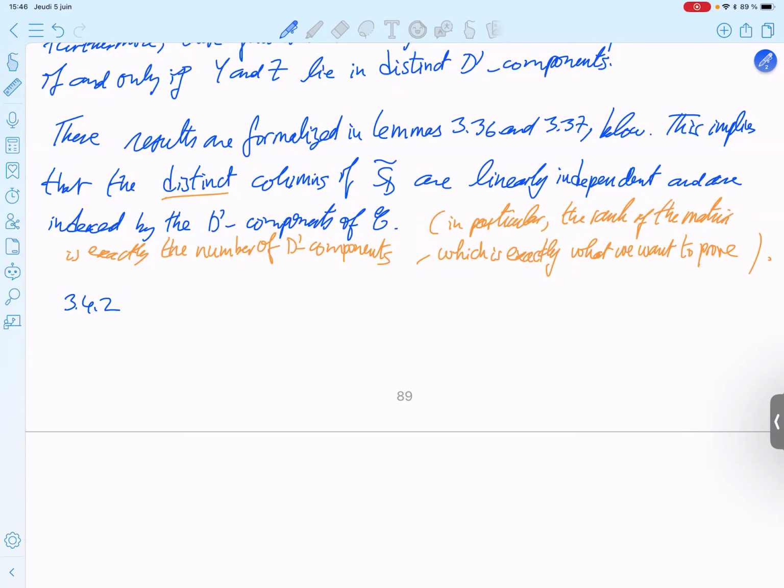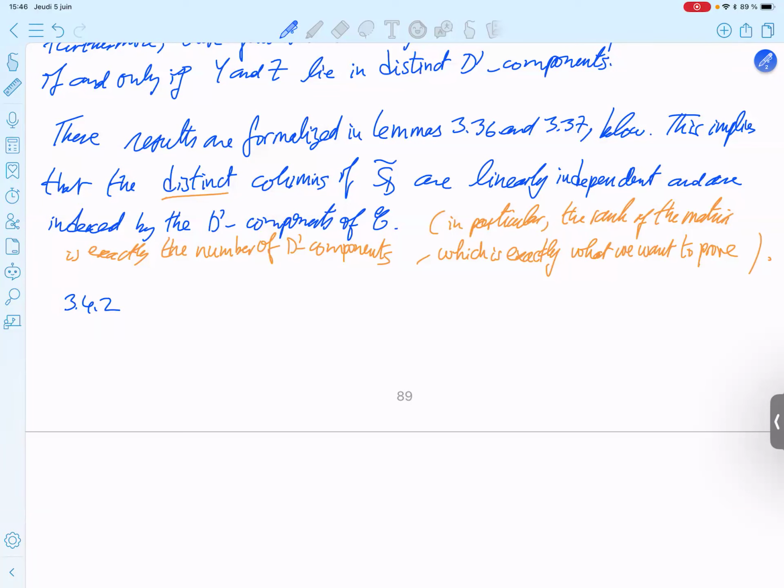So the first step of the proof is to provide a non-spherical analog of the Verlinde formula. We have the Verlinde formula in the spherical case for premodular categories.